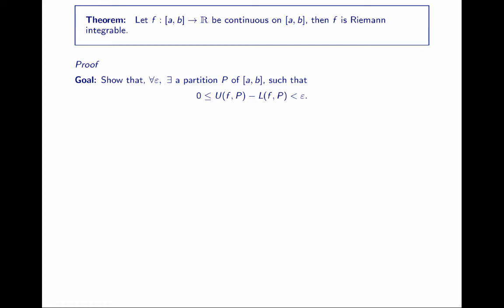If we can show that, then we've shown that f is Riemann integrable, because this implies that the infimum of all upper sums equals the supremum of all lower sums. Now, given our Real Analysis 1 training, we should know precisely how to prove that statement.